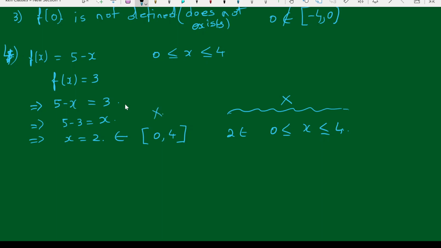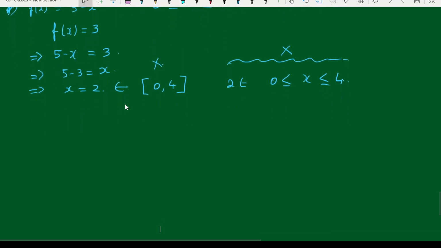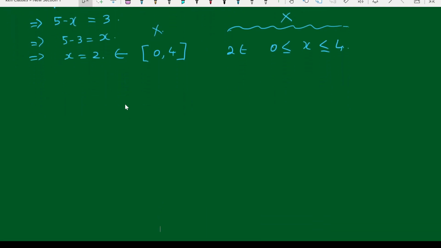Okay? Detailing you have to write, but if in confusion, don't write, because if you write wrong, they'll cut your marks. If you don't write, they may not recognize it. Sometimes a missing detail isn't a big problem, but if you give a wrong detail, they catch it. So if you can't remember what to write here, it's okay, don't write the part that says belongs to 0 to 4.